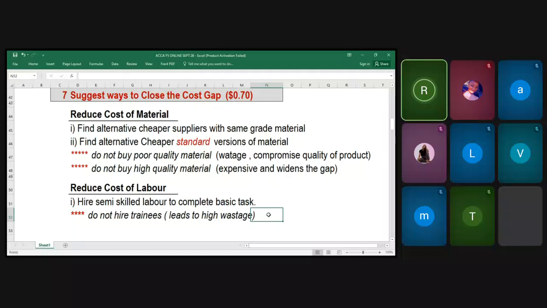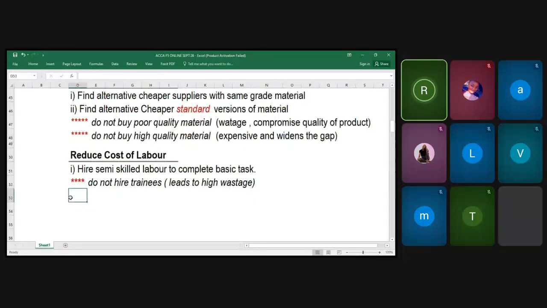So if they make more mistakes, assuming that we are a garment manufacturing company and we hire trainees to cut the clothes, you see that the majority of our cloth is going to be cut into wrong sizes, and this is wastage. We need to buy more and more cloth in order to fulfill the orders. So that is not an option.